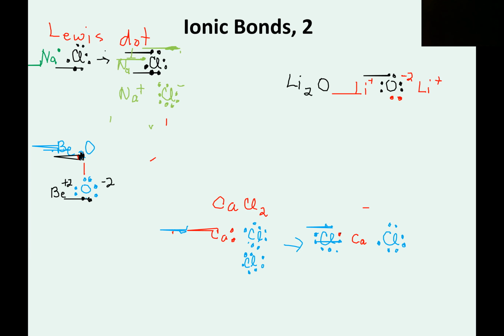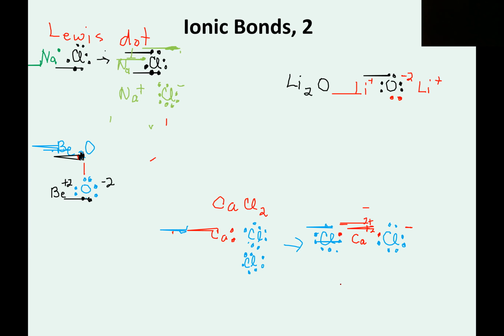It loses 1 electron to this chlorine, making it negative, and calcium positive. It loses a 2nd electron to this chlorine, making it negative, and so it's going to have a 2 plus, or a plus 2, for calcium chloride.